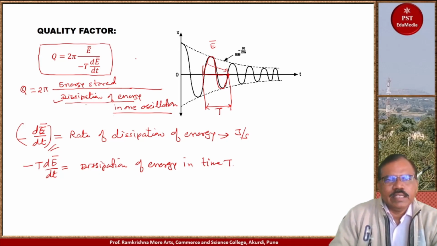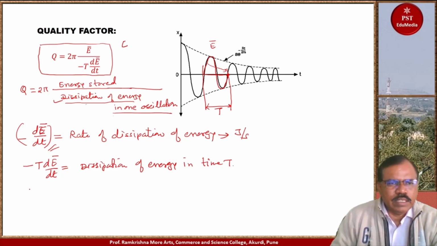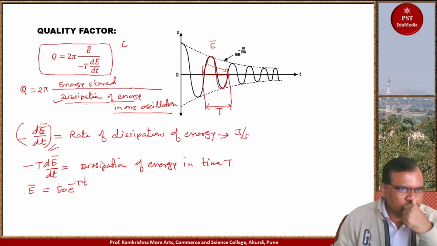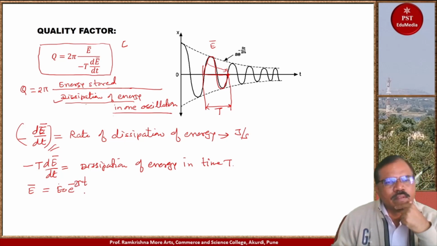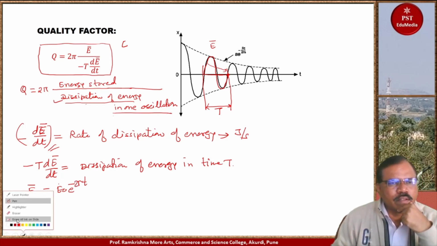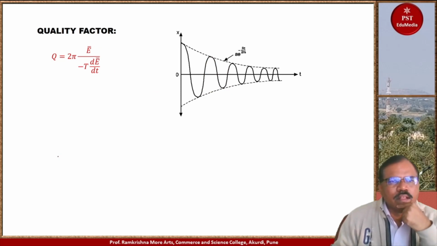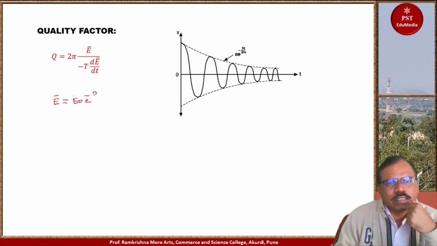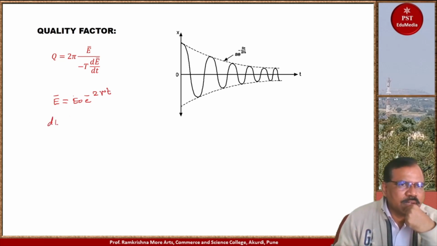And we know E bar is equal to E0 e raised to minus 2 gamma t. We have seen that already. So we have E bar equal to E0 e raised to minus 2 gamma t, and you can find dE bar by dt.